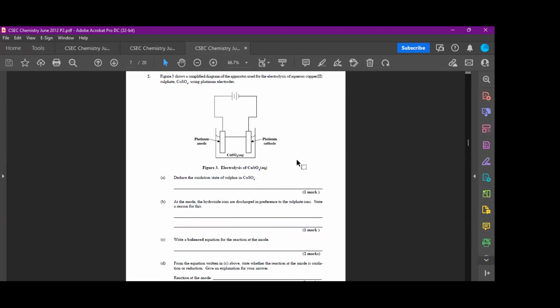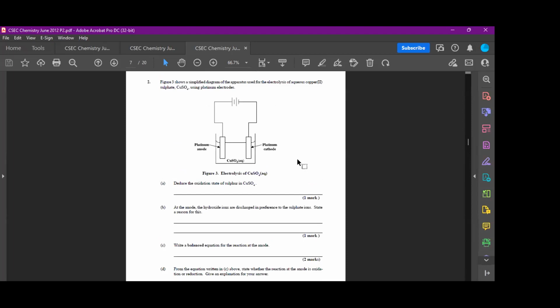Deduce the oxidation state of sulfur in copper sulfate. I did not tell you which topic this is. This is electrolysis and redox. So how do we determine the oxidation state of sulfur? Is it 2 minus?